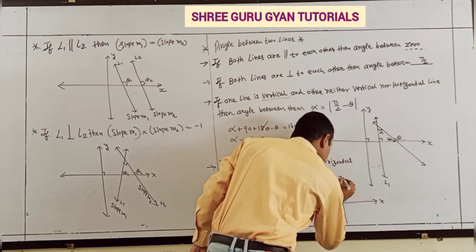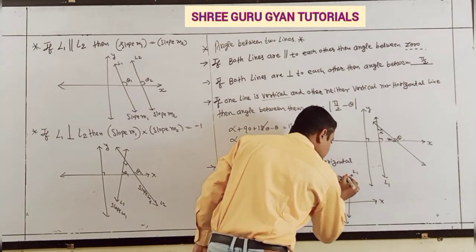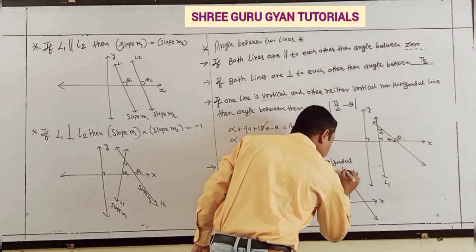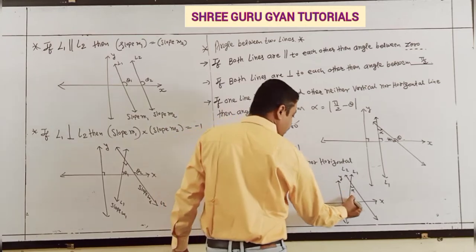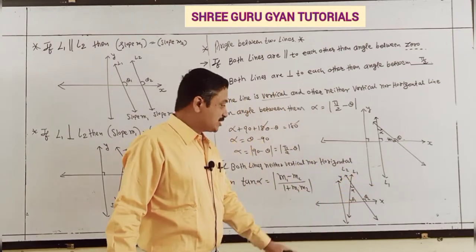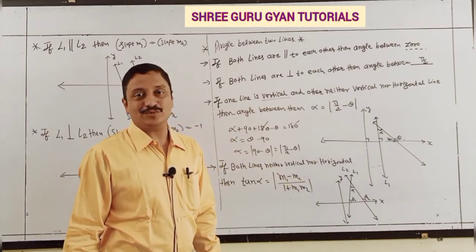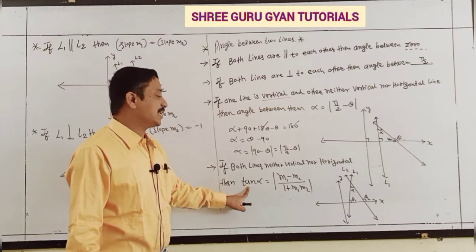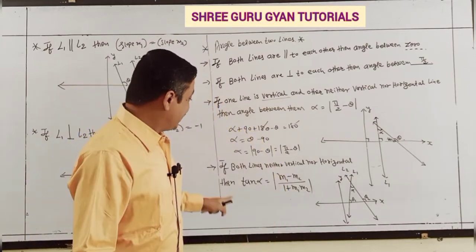Here also a drawing is available: x-axis, y-axis. Consider this is line L1, and that is your line L2. The angle between them is alpha, and here theta 1 and theta 2 are in the positive direction. The slope of line L1 is m1 and the slope of line L2 is m2, and tan alpha equals m1 minus m2 upon 1 plus m1 m2 is the angle between two lines.